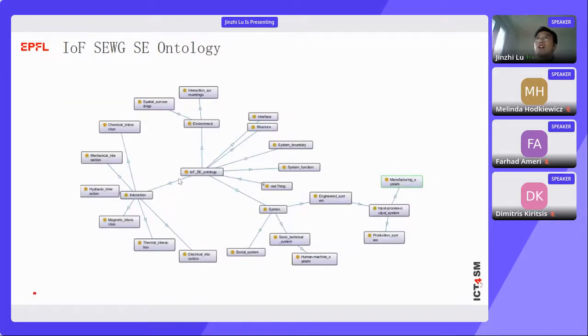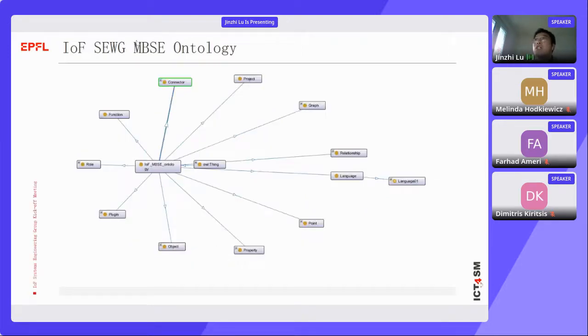And I take one example for the IOF systems engineering ontology. For example, in this ontology, we define the system and the subclasses of system, I mean, the social system, the sociotechnical system, the engineering system. We also have the interaction, I mean, how the systems interact with each other, and also environment, interface, structure, system boundary, system function, such things.